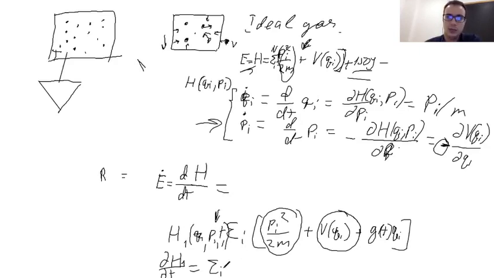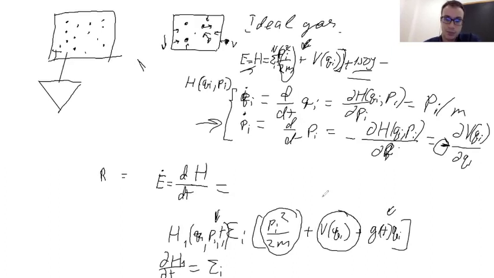So the partial derivative of p_i with respect to time is 0. The same goes for the partial derivative of V with respect to time, because it's a function of q, not of t. The only thing that can be differentiated with respect to time is this term explicitly.